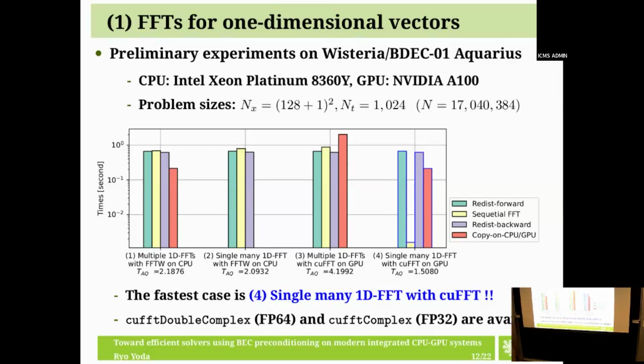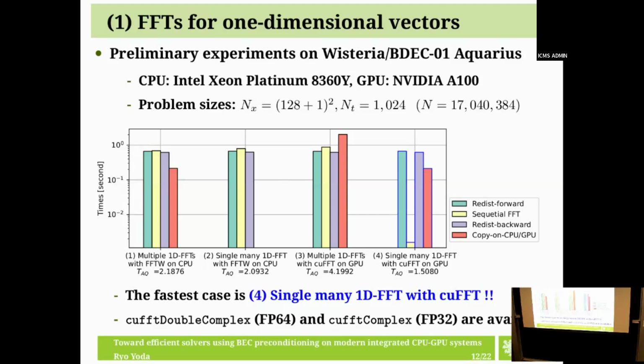Based on the previous runtime results, which are summarized here, we can see the fastest case is a single core of many 1D FFTs with the cuFFT library. Of course, later we will introduce mixed precision arithmetic for these programs.